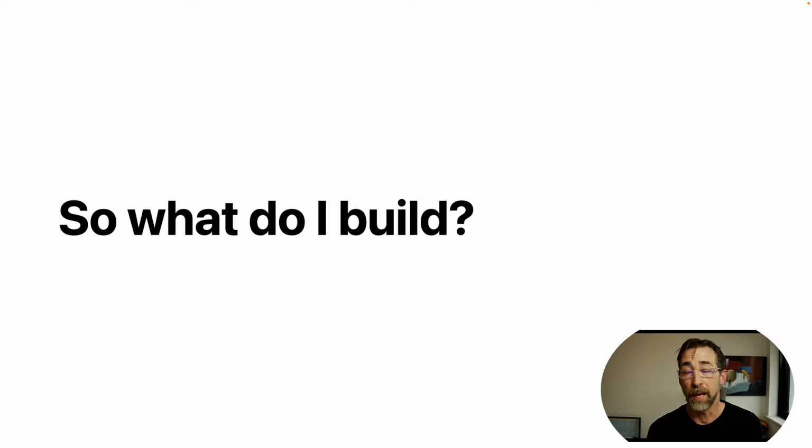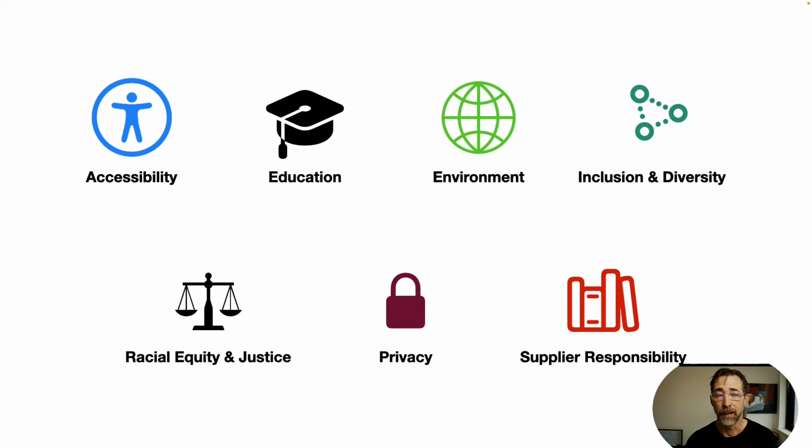Well, Apple kind of has made it easy because they have a set of values published on their webpage. If you look at the footer of any of their web pages, they have a whole set of values that they really, really care about. We've got accessibility. We've got education, the environment, inclusion and diversity, racial equity and justice, privacy, and supplier responsibility.